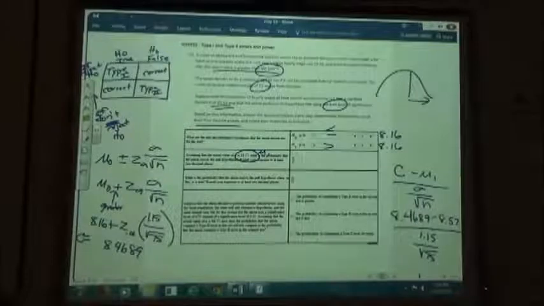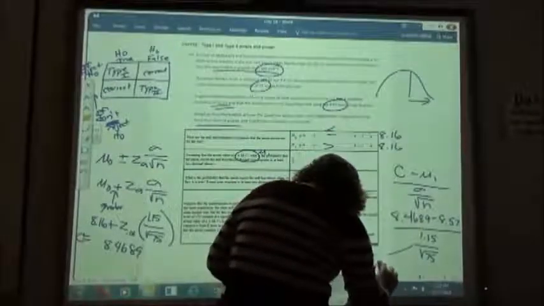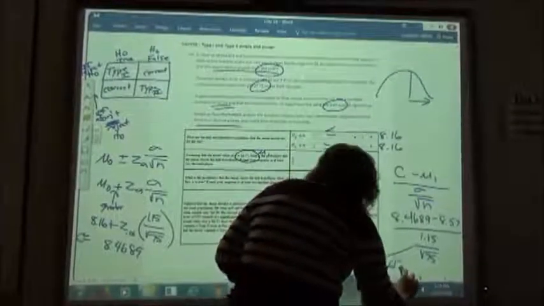And hit equals. All right. That number is negative 0.7613, right? We're still not done because now we're to the last step of the problems that we just did.